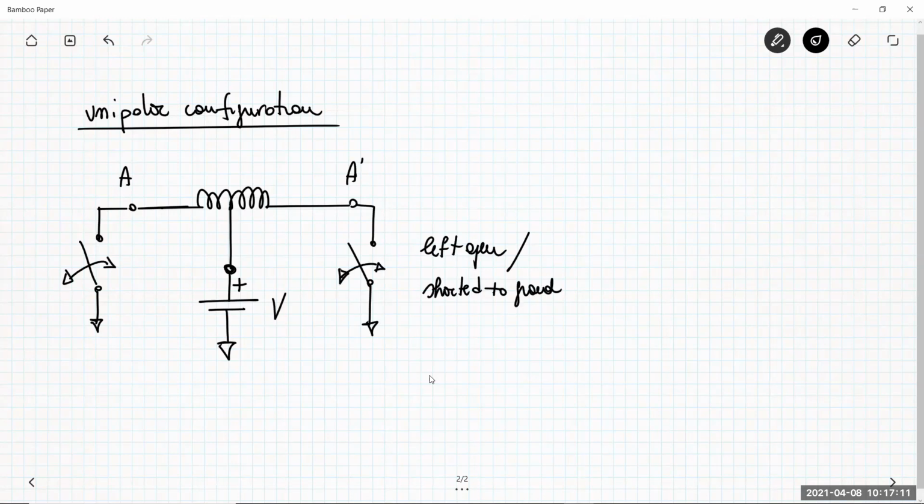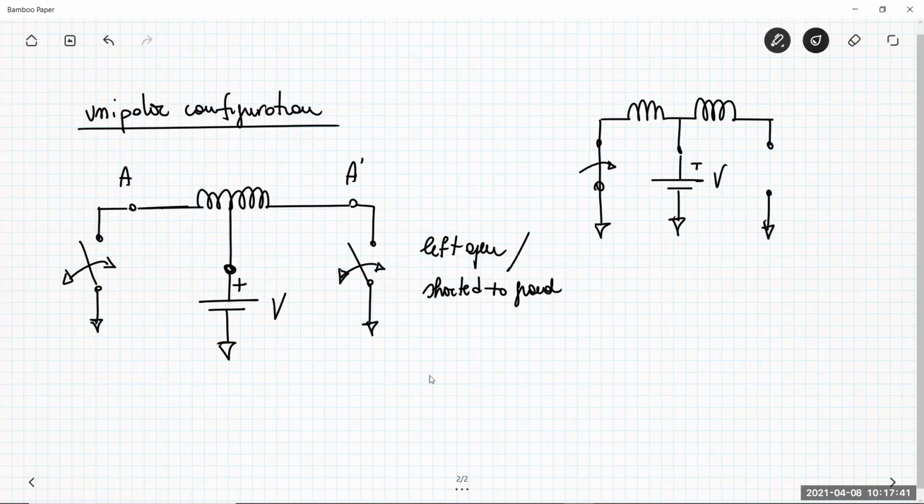So they can be driven in this way. What happens, for example, when you have the terminal A connected to ground? Here you have V. This is connected to ground. This is open. And so in this case, we have a current flowing here.